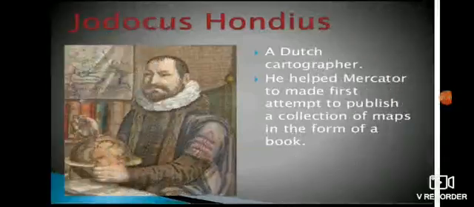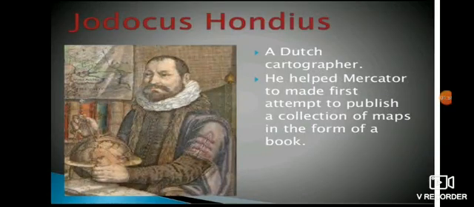Next person is Jodocus Hondius. Jodocus Hondius, he was a Flemish engraver and cartographer. Hondius is best known for his early maps of the New World and Europe.